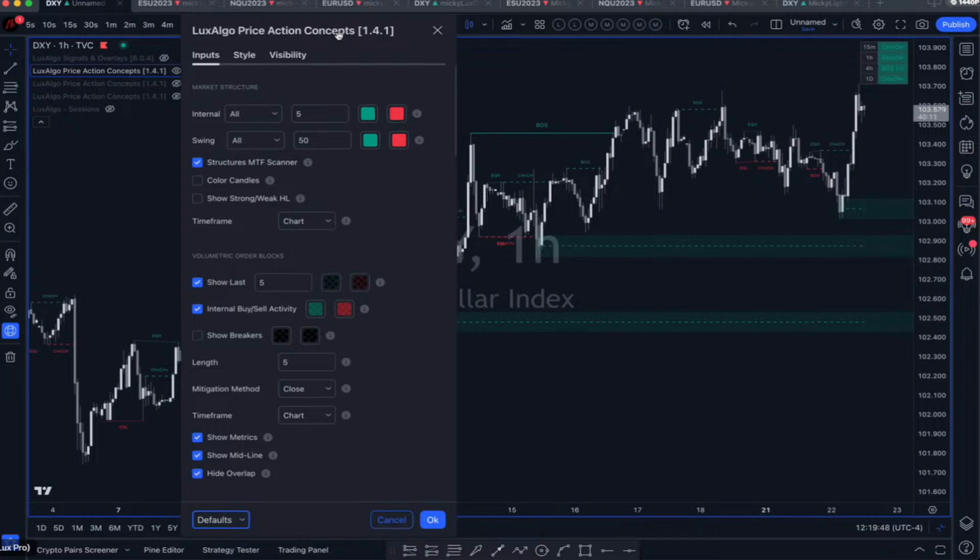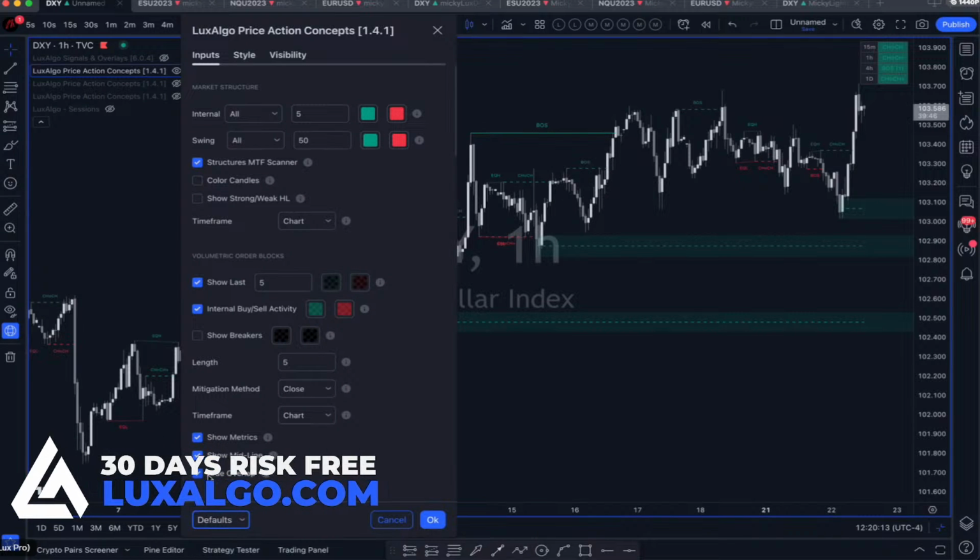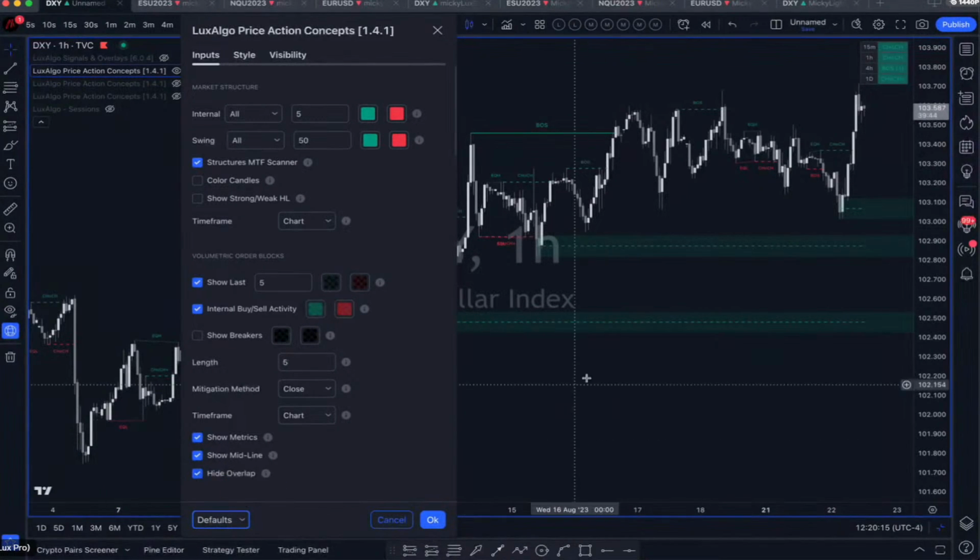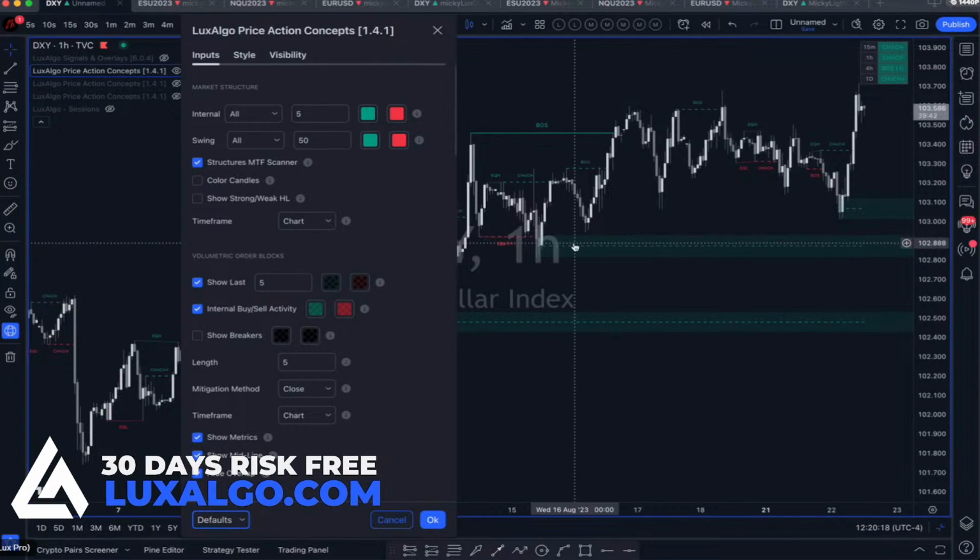It will show the last 5, and the internal activity is also turned on, as well as the matrix and the midline of these order blocks. Also very important, hide overlap is enabled. It gives you a cleaner chart. If you have multiple order blocks overlapping each other at the same level, we hide the past order blocks and just enable the most current one.